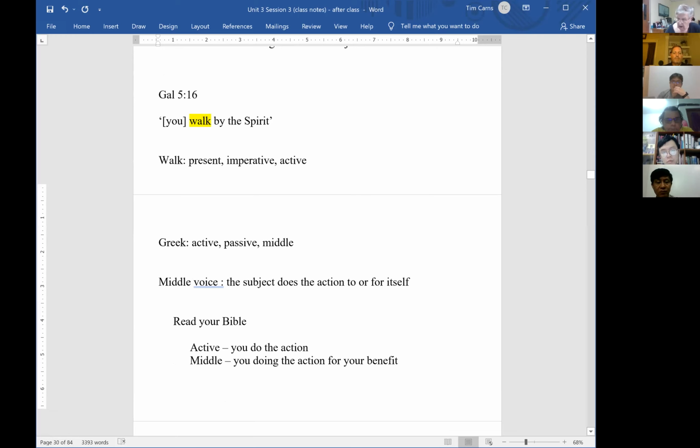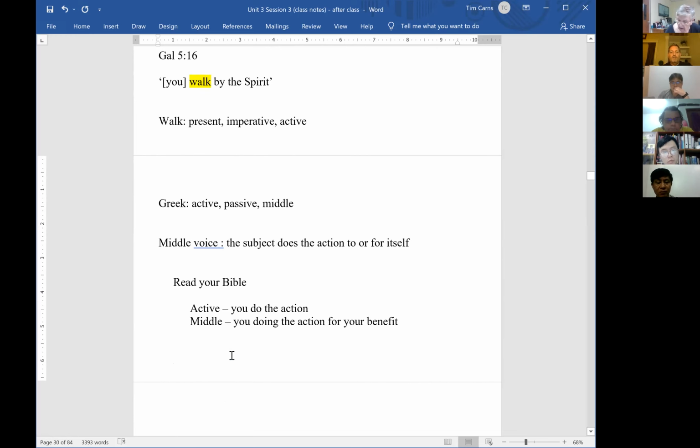So an English translation might say it this way: read for yourself. Read your Bible for yourself. They might add that to express that idea of the middle voice.